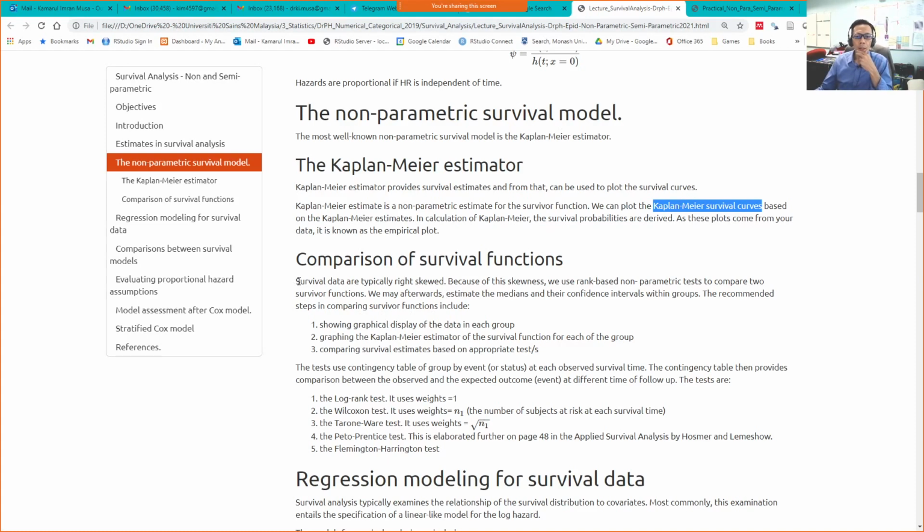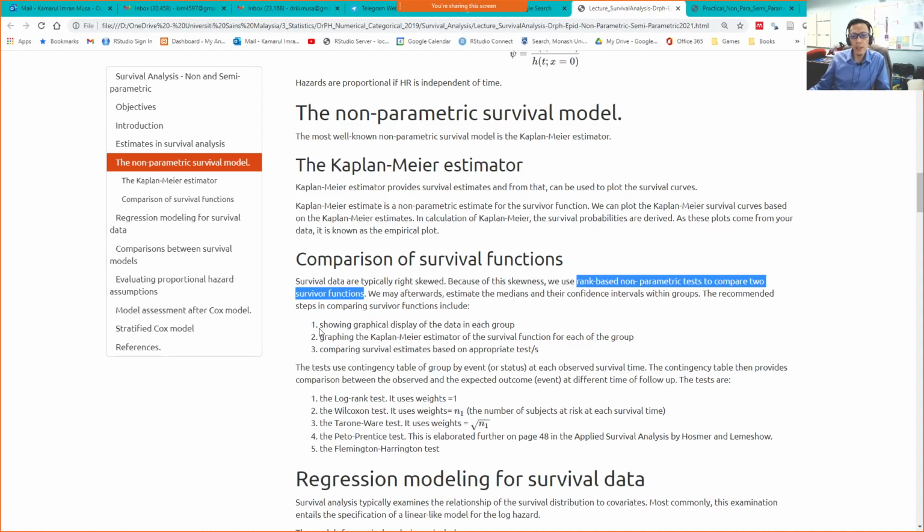Okay. Survival data are typically right skewed. Okay, and because of this skewness, we use what we call a rank-based non-parametric test to compare the two survival functions. In fact, two or more survival functions. Okay. How to do that?